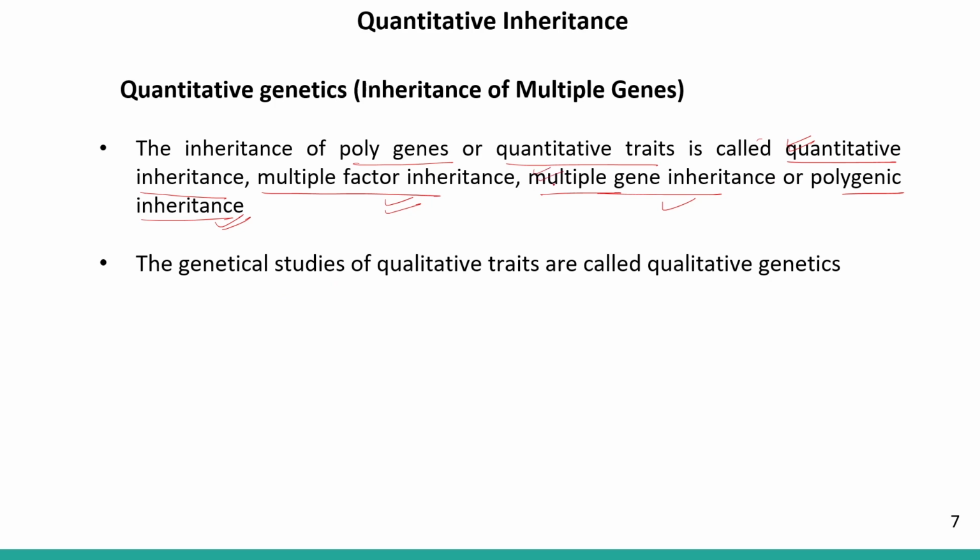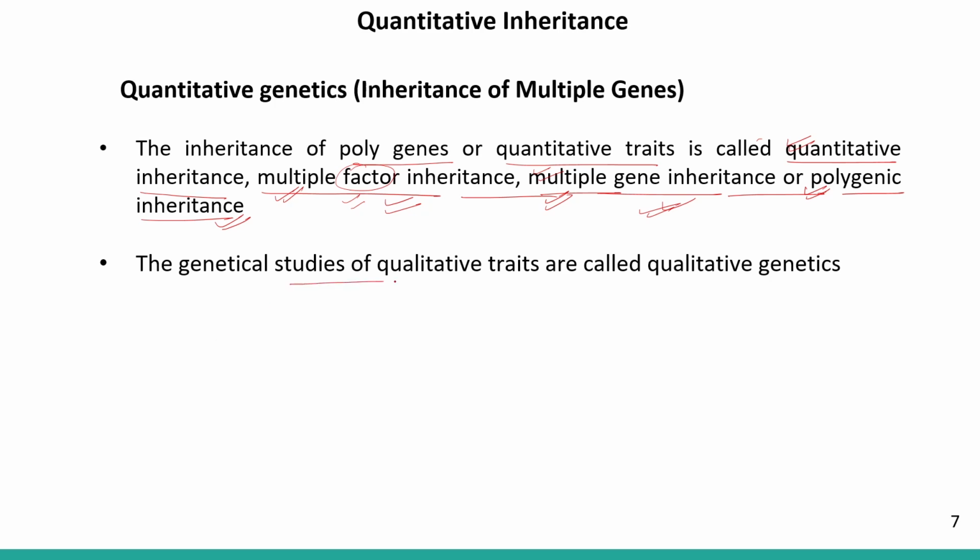That is the same thing, and polygene is also the same thing. If it is asked about multiple factor inheritance, the factor means the gene. Polygenes means many genes are involved. These are all the same thing, so do not get confused in the examination.